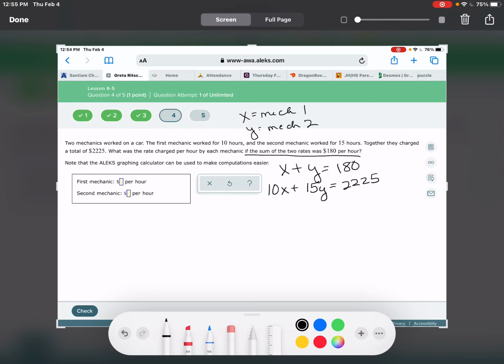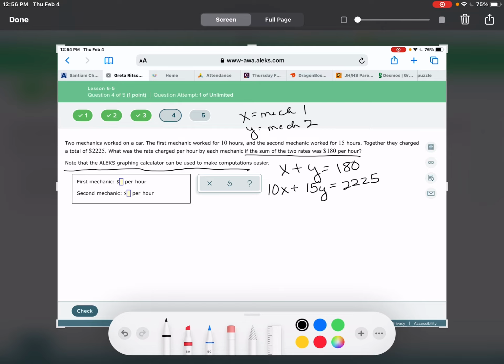So I can choose how I want to solve this. And it says that I can use a graphing calculator to make the calculations easy. If I'm using Desmos, then that's super easy because I can just type those in. If I'm using a graphing calculator, I have to have them be y equals something.